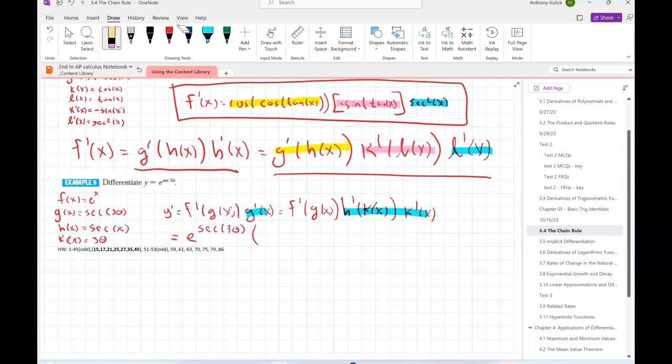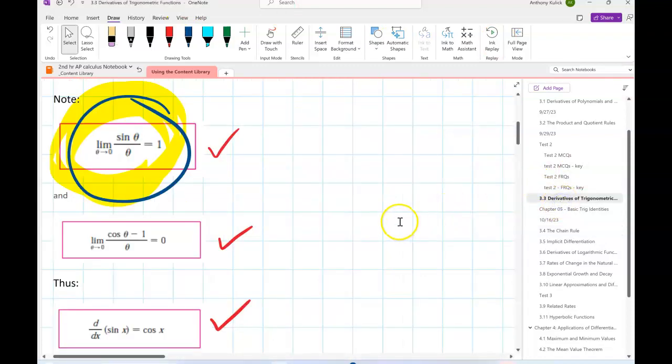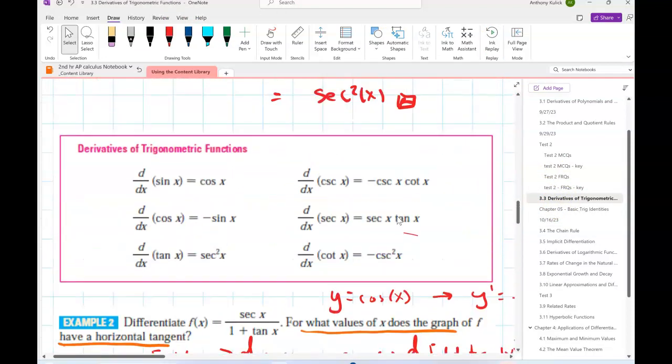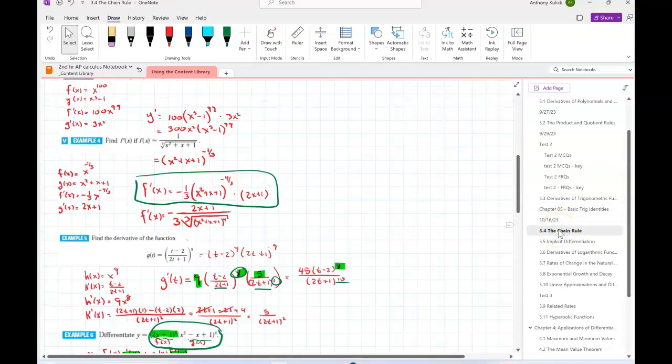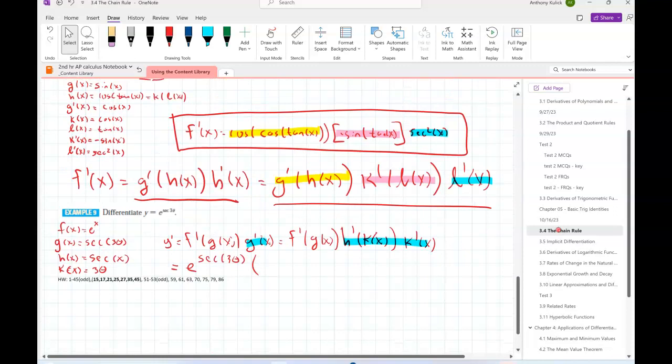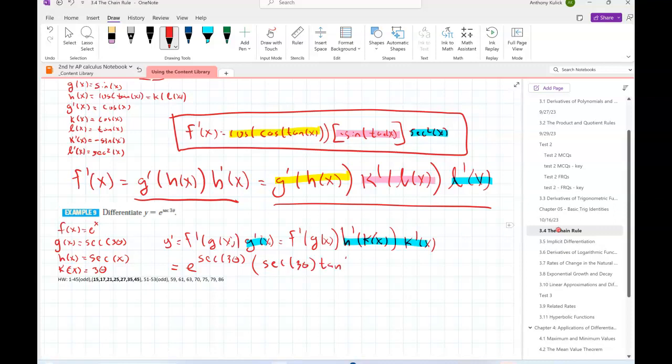And then what's the derivative of secant? I always forget these two, or confuse them anyways. Where is it? Secant x. That's it. I couldn't remember if it was the negative or not on that one. All right, where is that? That's down at the bottom. There's that, which is super cool.